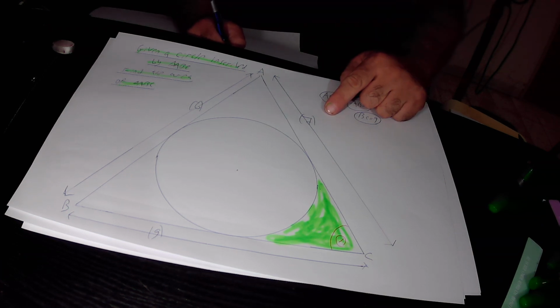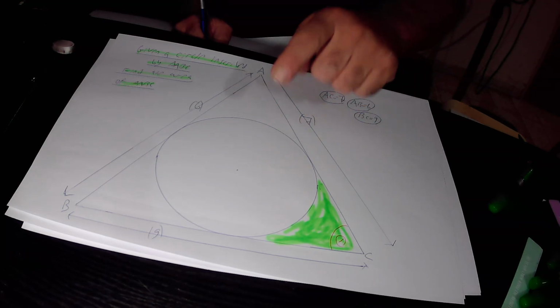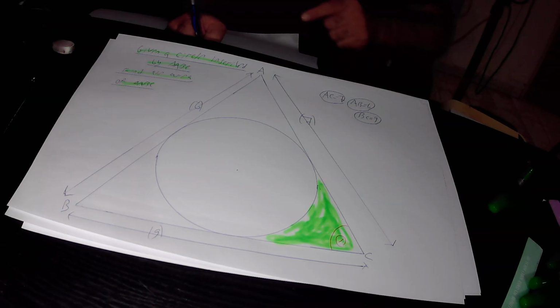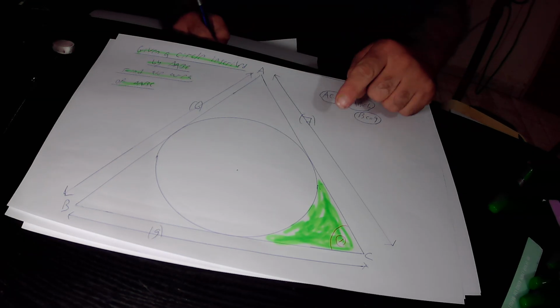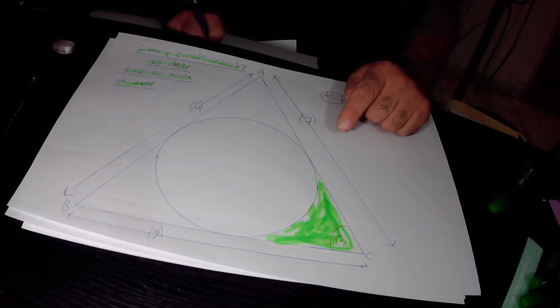So in total, we found out that cosine theta equals 7 square plus 9 square minus 6 square over 2 times 7 times 9.